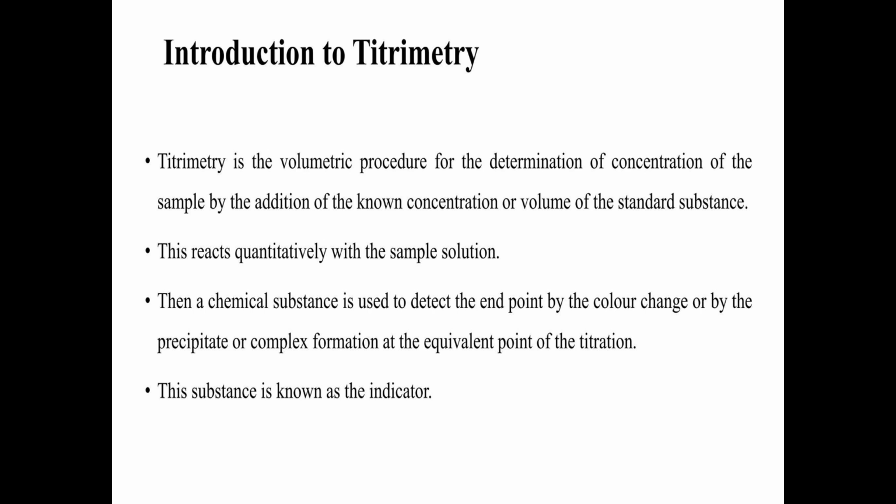Then a chemical substance is used to detect the end point by the color change method, or by the precipitate method, or by the complex formation at the equivalence point. That means if we are going for titrimetric analysis, we are going to use either a color changing agent, that is an indicator, or a precipitate forming agent, or a complex forming substance, through which we can determine the equivalence point of that particular titration.